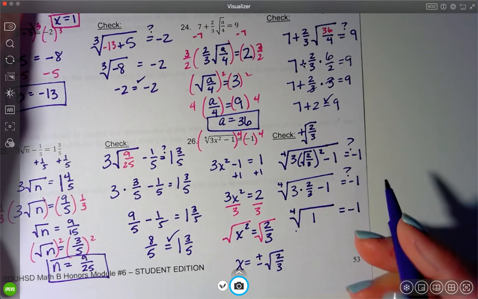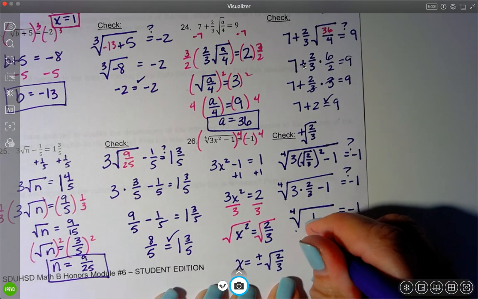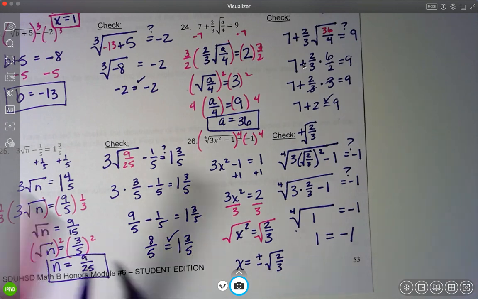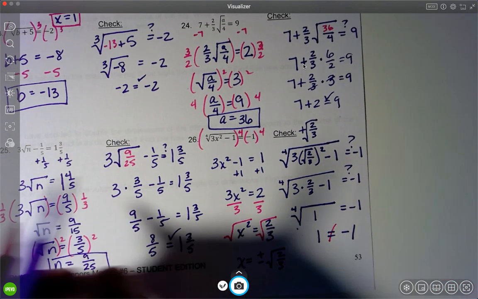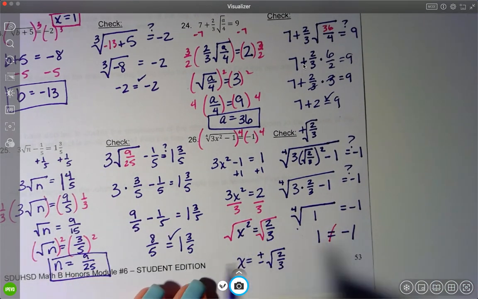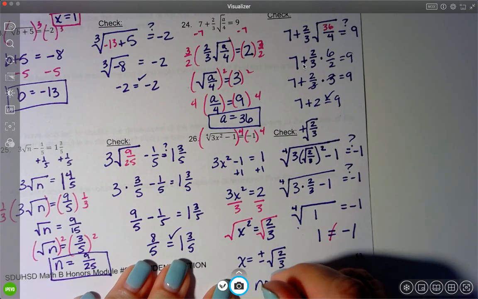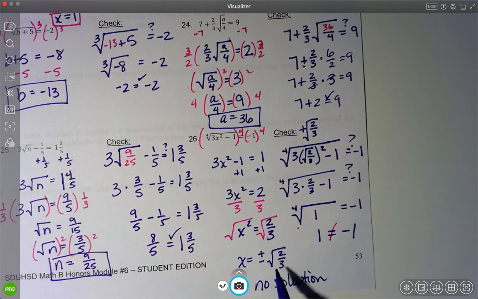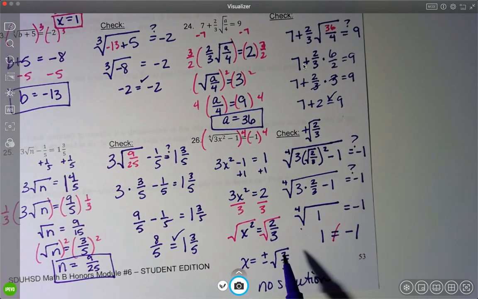Well, the 4th root of 1 is 1, which does not equal -1. So actually, this means there's no solution. So I didn't even have to work on making this simplest radical form because the principal square root just doesn't even work. No solution.